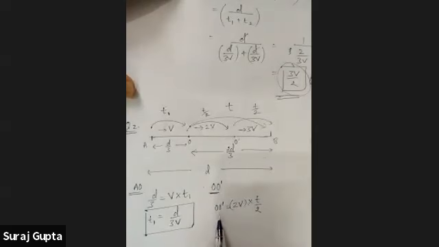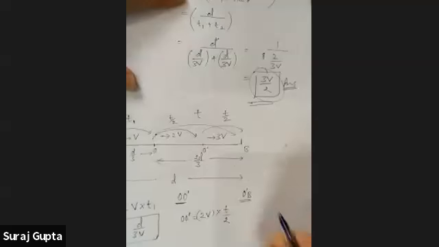O dash is equal to 2v multiplied by t by 2. Now O dash B. In this O dash B, distance is O dash B, which is equal to 3v, because the particle travels with speed 3v in O dash B, multiplied by time.